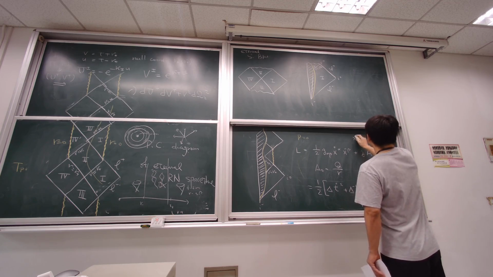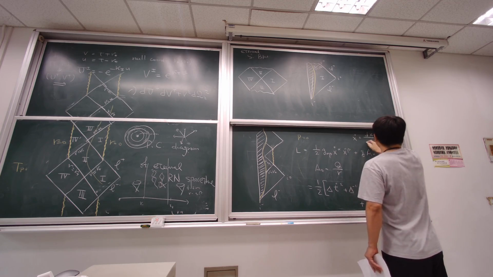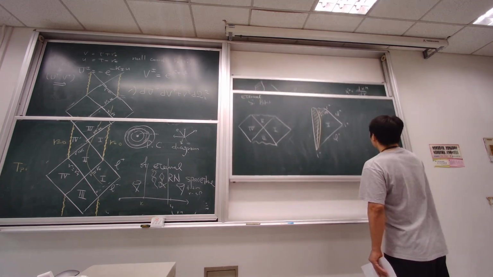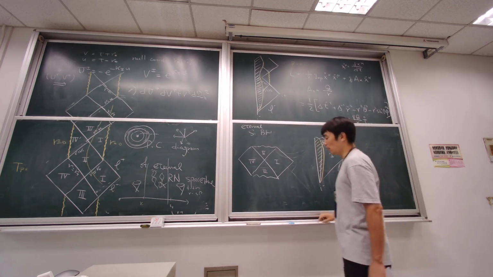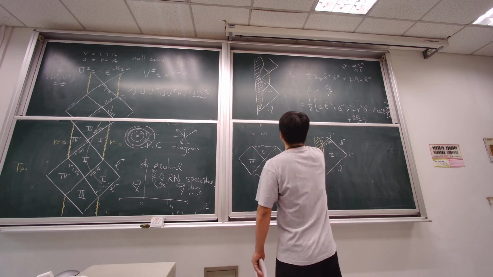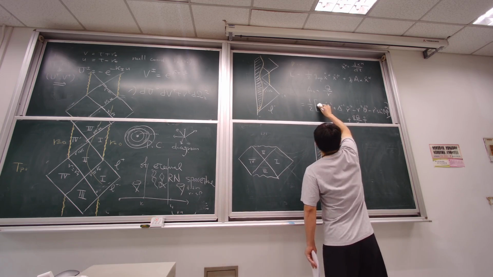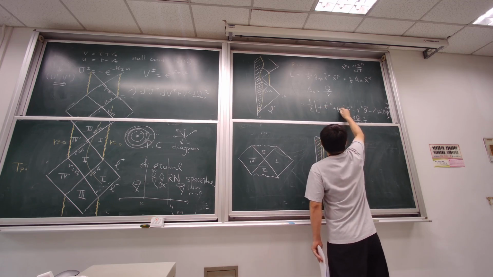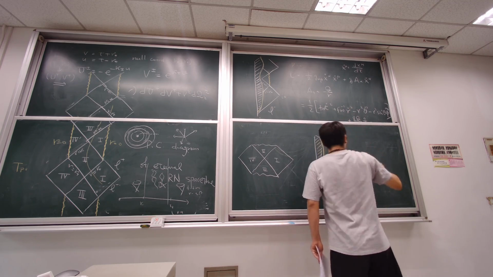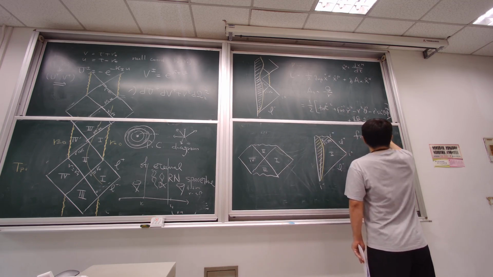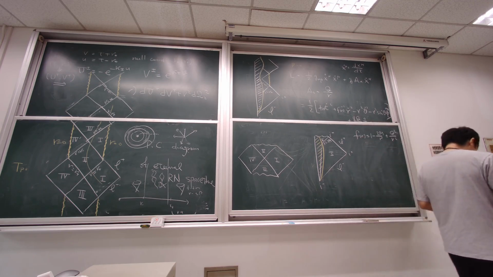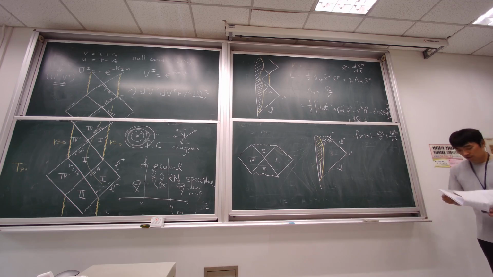Here x dot means the derivative with respect to proper time. Delta is this f. I think I should use f actually, sorry, instead of delta. f of r, where f of r is 1 minus 2M over r plus Q squared over r squared.